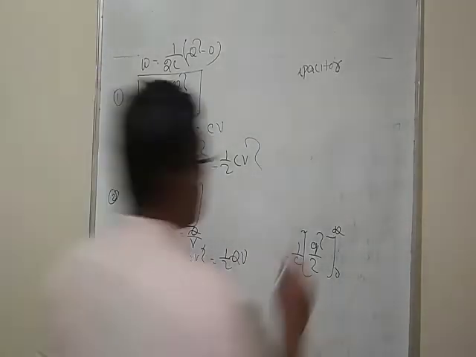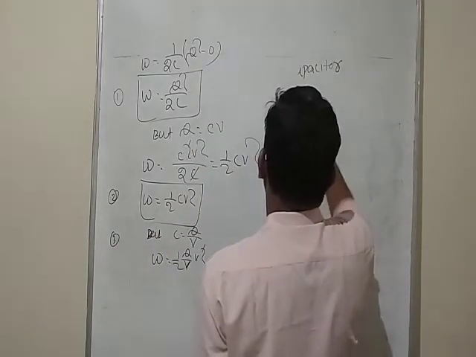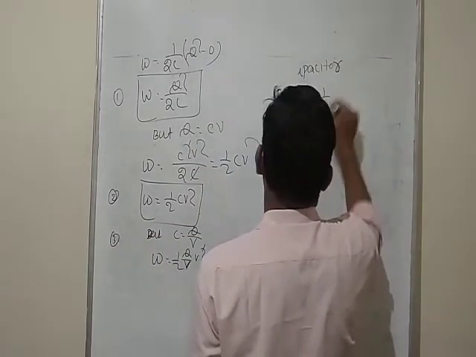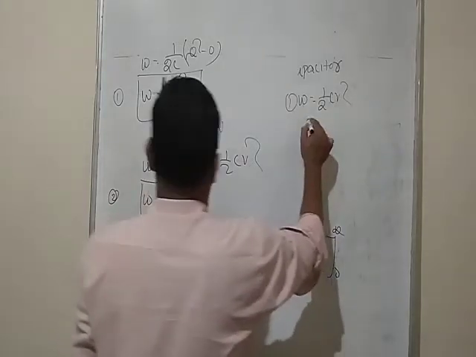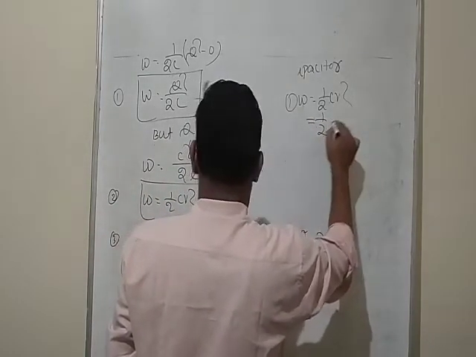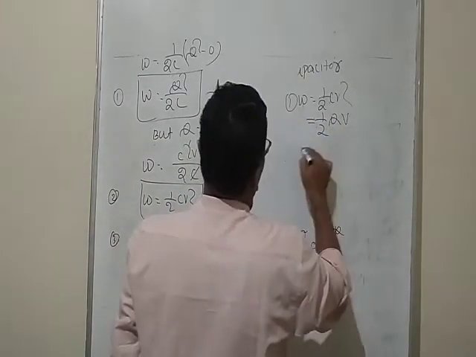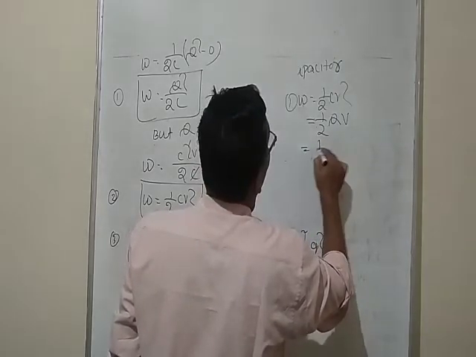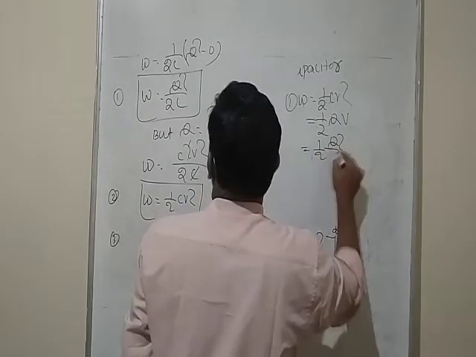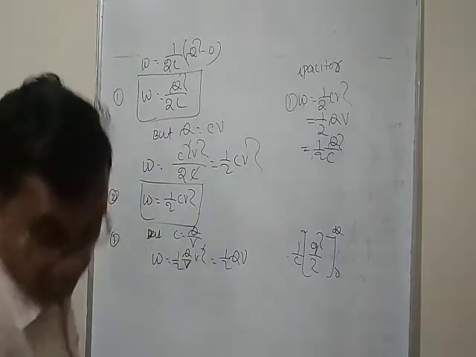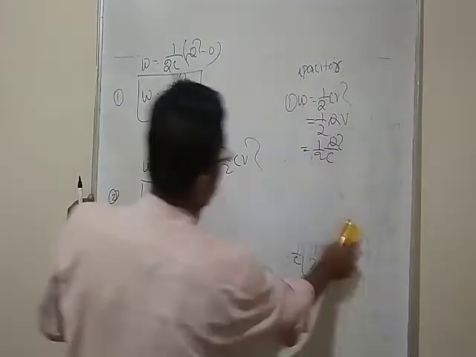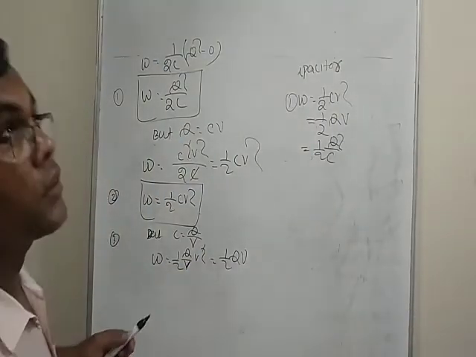The three formulas: W is equal to half CV square, that is equal to half QV, that is equal to half Q square by C. This is the energy stored in a capacitor.